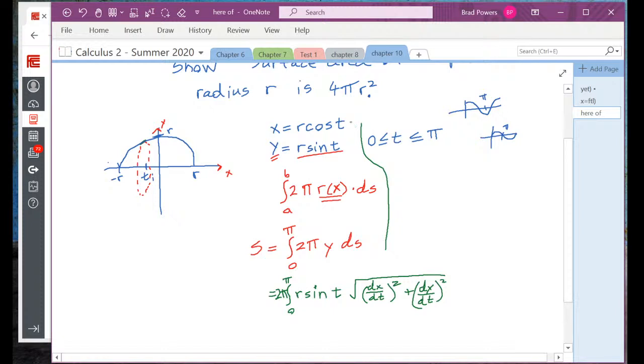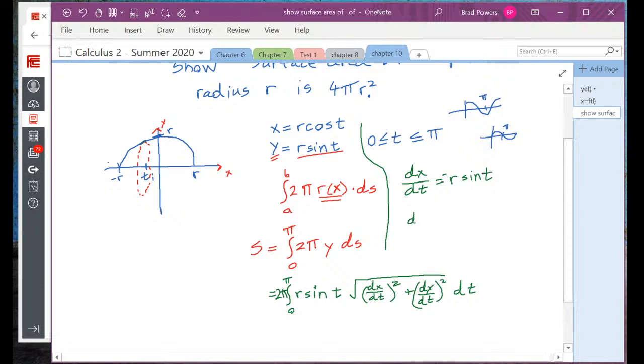Let's do it over here. There's x, so what is dx/dt? Take the derivative with respect to t, and don't forget dt here. dx/dt is r times the derivative of cosine, which is negative sine, so negative r sine of t.